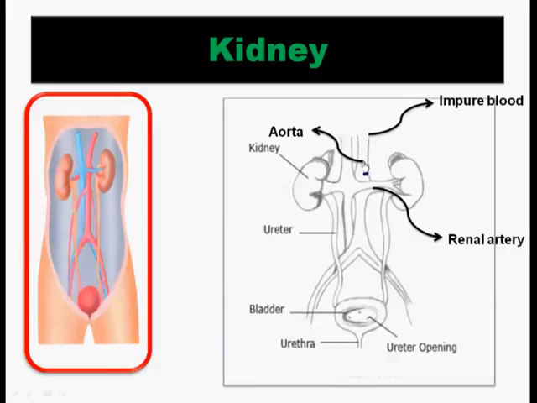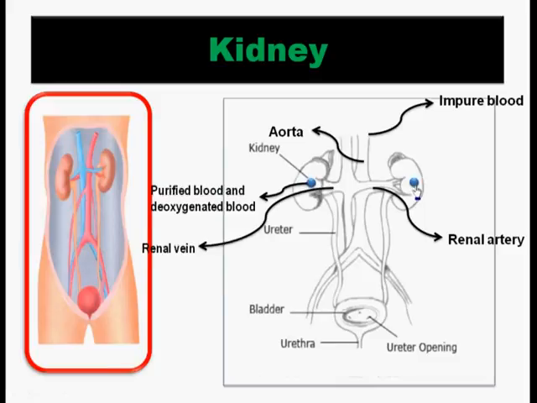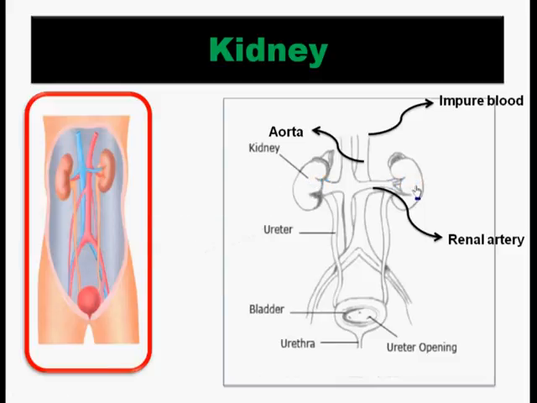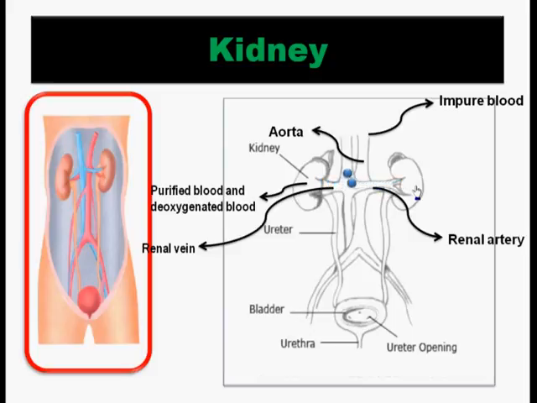Good. So you notice now that the blood traveled along the aorta and then along the renal artery and it enters the what? Kidney. Alright. Now you notice that this blue circle now represents what?